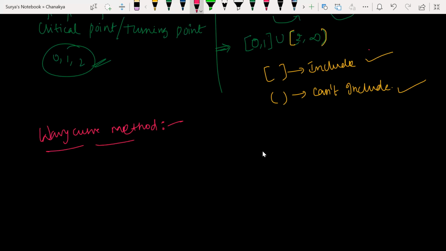Do we need to solve by using the method which we have done just now? Every time do we need to use that same method? You can't use it, it kills your time. It's taking so much time. By using the Wavy method, look at this here.